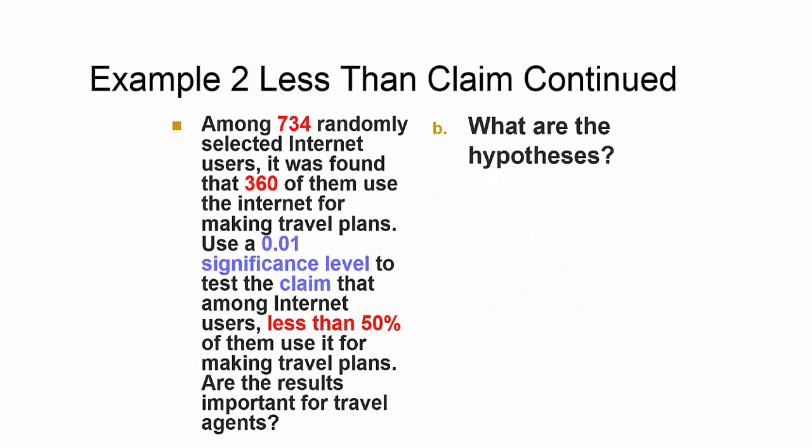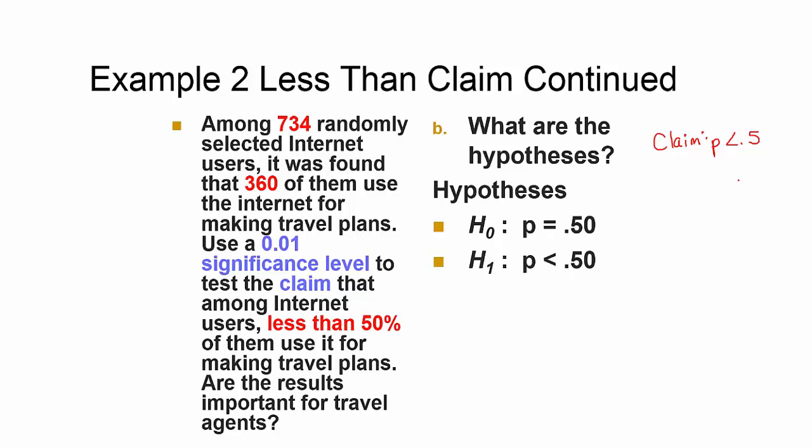Once we get the claim set up, we want to do the null hypothesis and alternative hypothesis. So if my claim is P is less than 0.5, then my two hypotheses will also use the 0.5 in it. And remember that the null is always equal. So the null hypothesis is P equals 0.50. The alternative then is going to be matching the claim, so it's P is less than 0.50.